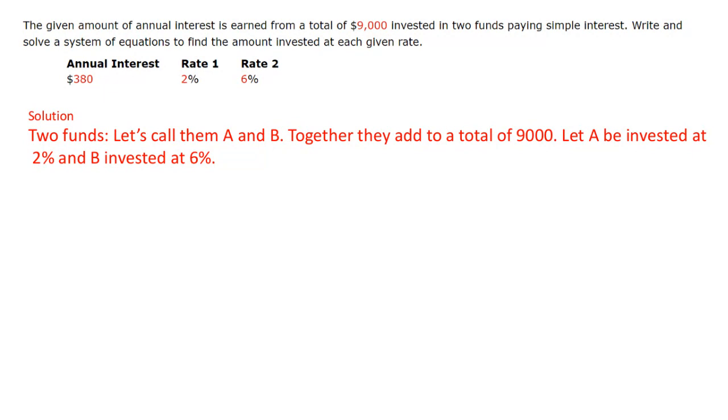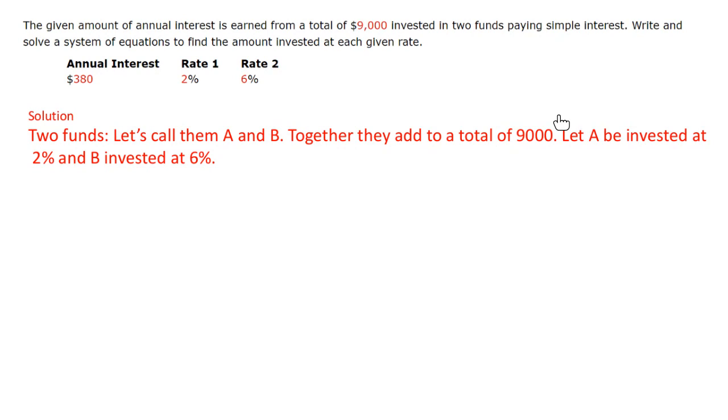Write and solve a system of equations to find the amount invested at each given rate. Okay, so they're giving us two investments. Both of the investments have different rates. One of them has 2%, one of them has 6%. We have an annual interest of $380.